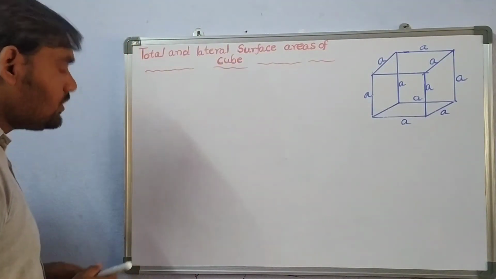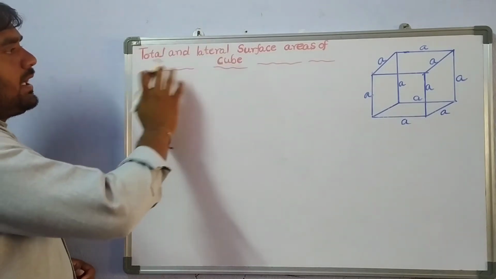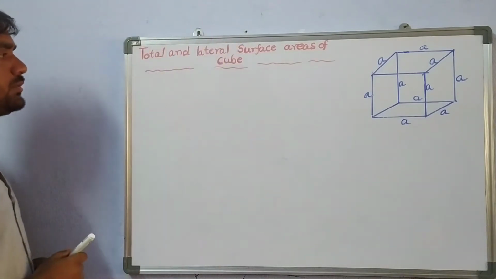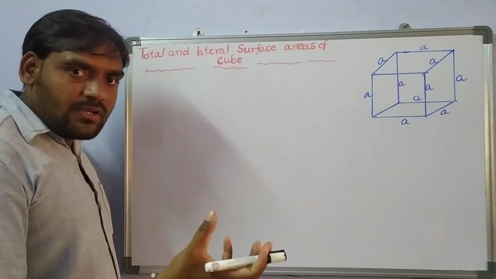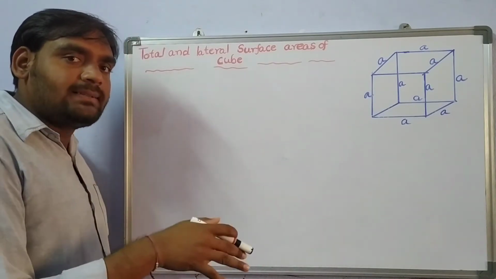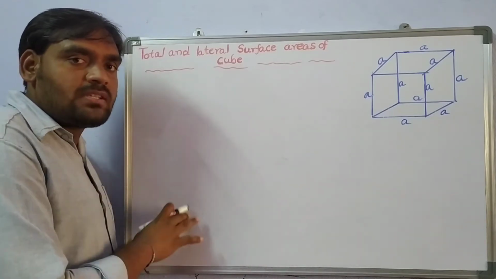Total surface area of a cube and also lateral surface area of a cube. First of all, whenever we are going to find the total surface area of a cube, we need to revise. We have to recall the total surface area of a cuboid.